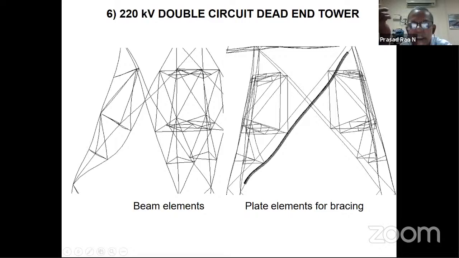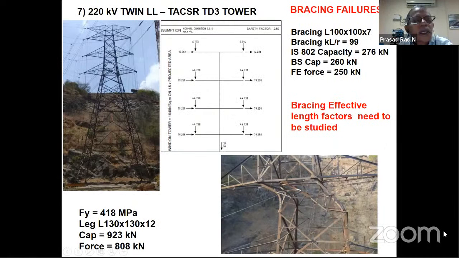It overestimates the capacity. You see here, in the bottom right corner, the bracing compression member has failed. Then the tension member has come to rescue, and the entire force has gone to the tension member, and all the bolts got sheared off the tension member. The entire structure has moved as a rigid body, like that.